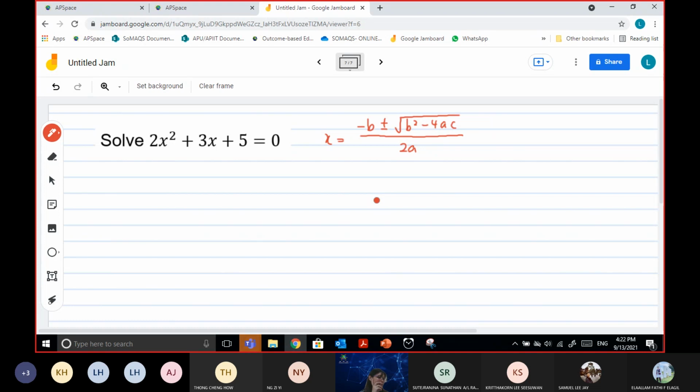Is the real part correct? Someone got a decimal. Someone thinks the real part is negative 3 over 4. Okay, so there are some doubts here.